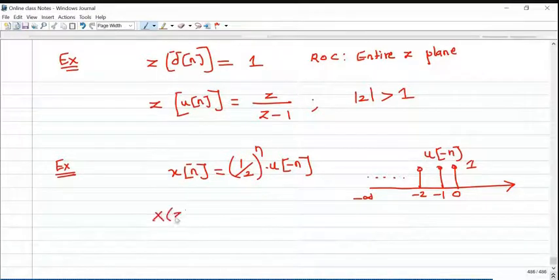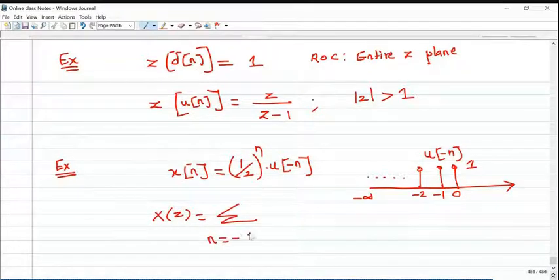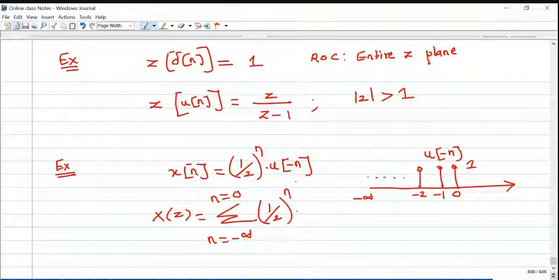So X of z equals the summation from n equals minus infinity to 0 of (1/2)^n u of minus n times z to the power minus n.